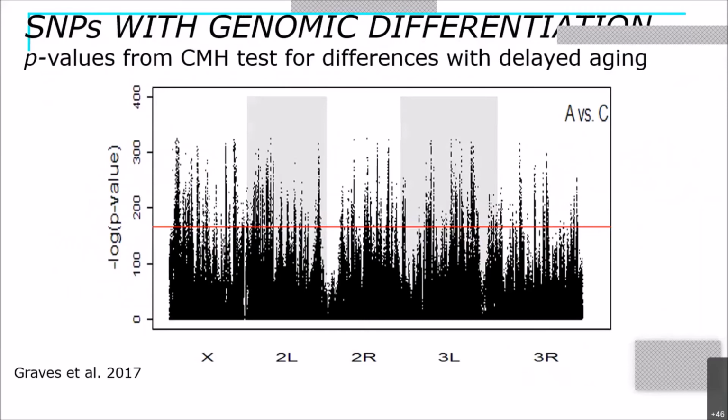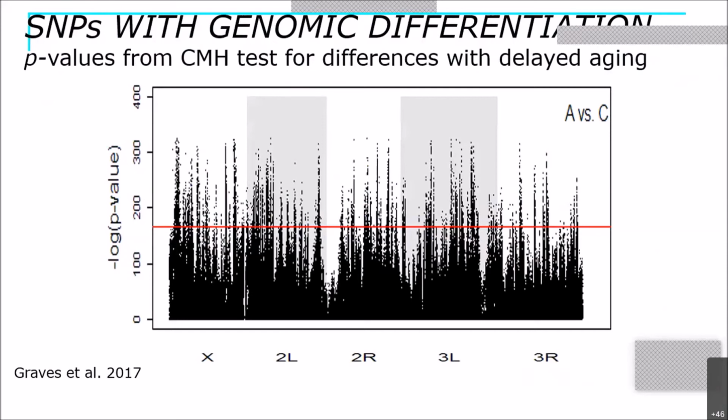These were genome-wide sequenced. Here you're looking at about 1 million SNP tests plotted as dots. This is a CMH test. We get qualitatively similar results from quasi-binomial tests and other tests. Here a resampling statistical threshold of about 10 to the minus 160 was used.